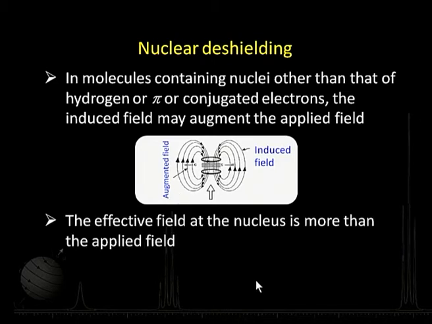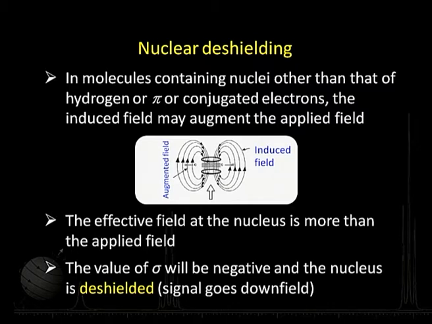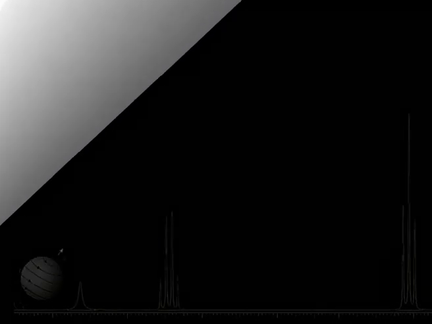As a consequence, the effective field at the nucleus is more than the applied field. In such cases, the sigma value happens to be negative and the nucleus is de-shielded. The signal goes downfield. We will explain all this at a later stage.